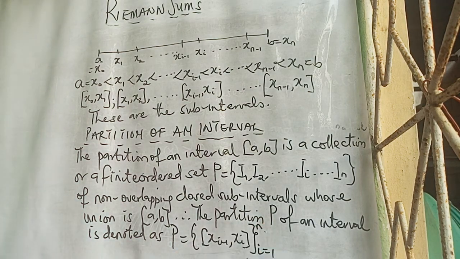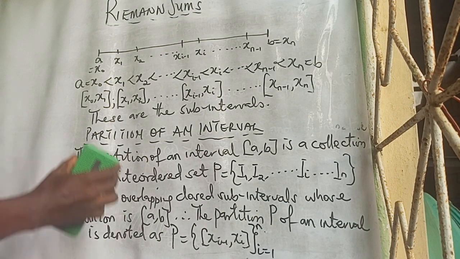That is the partition P of an interval. We are moving on from there.